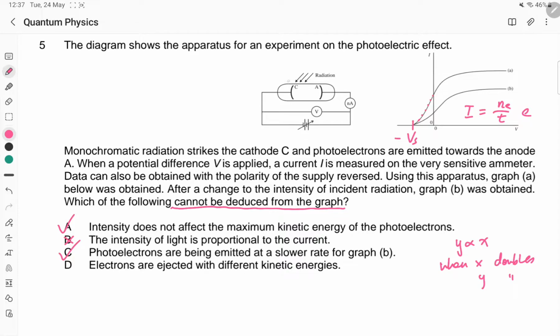It's saying that V is equal to VC minus VA. When V is negative, it means we are making C negative compared to A, lower potential. So it's making it hard for the electrons to get over to the collector plate.